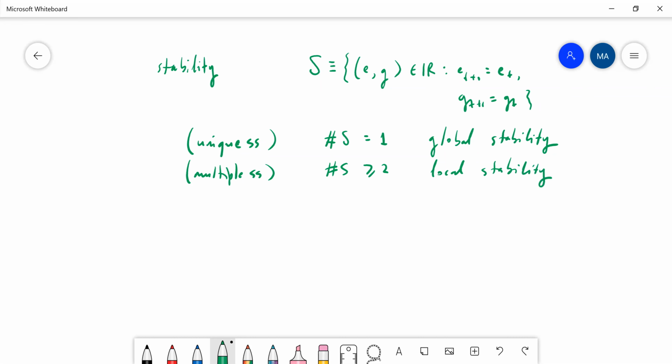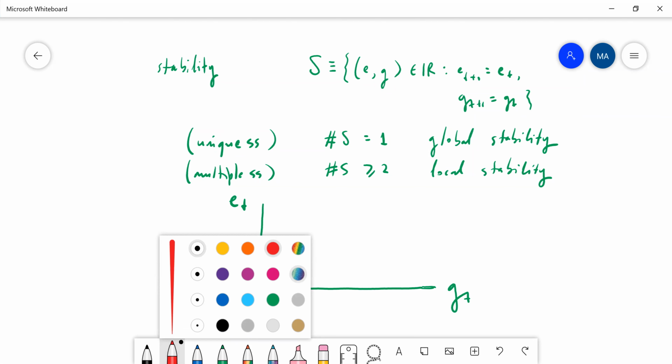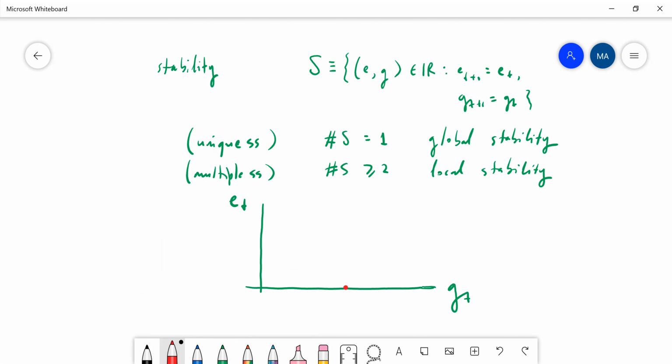Now here we have at least two steady states. So I have G on this axis and E on this axis, and it will be like this.